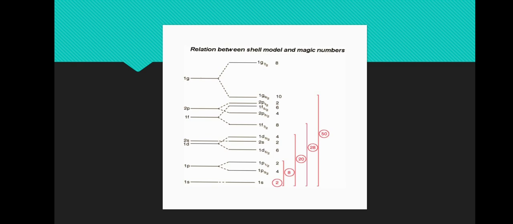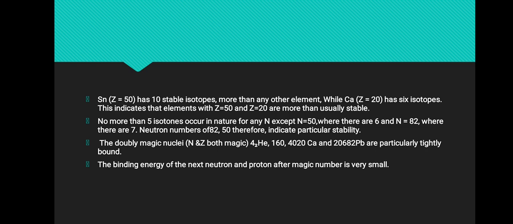This is the relation between shell model and magic numbers. Zinc has 10 stable isotopes, more than any other element, and calcium has 6 isotopes. This indicates that elements with Z 50 and Z 20 are more than usually stable.